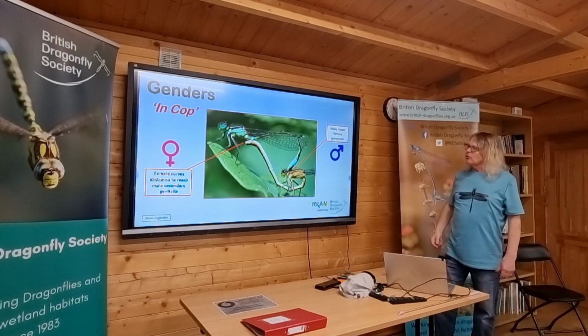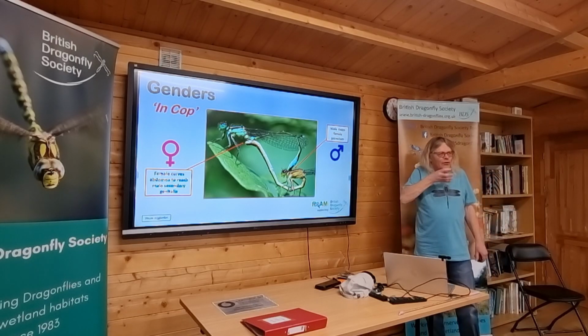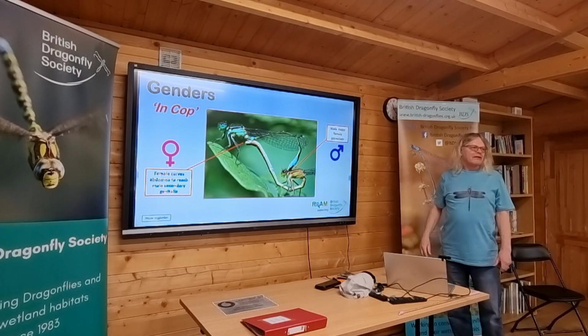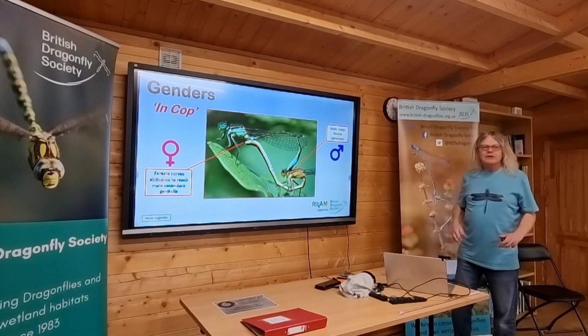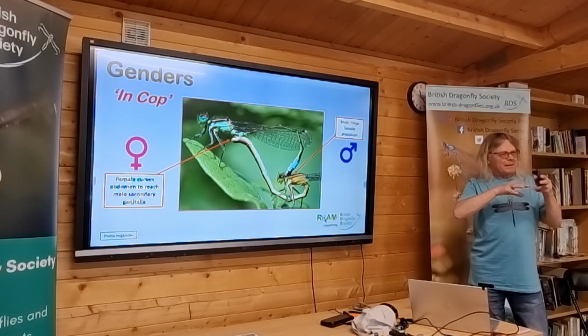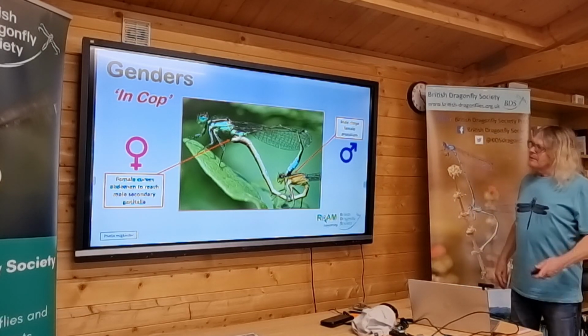So if an azure damselfly tried to mate with a variable, they couldn't quite hook together correctly. So that prevents them from hybridizing. Although sometimes you will see a variable and an azure trying to do that, they'll find out they can't, and it doesn't happen.